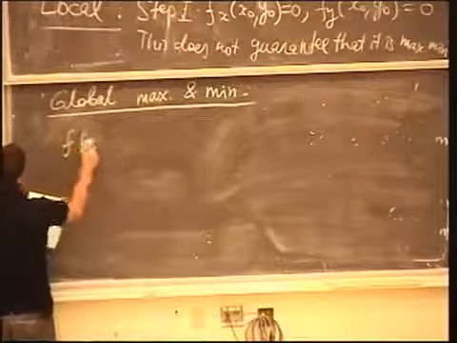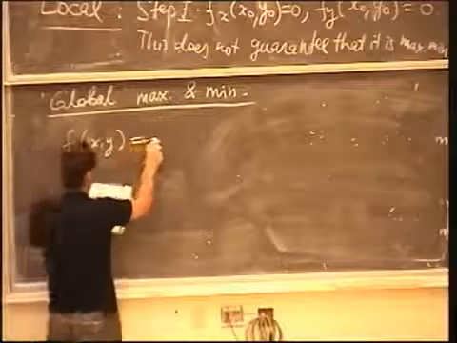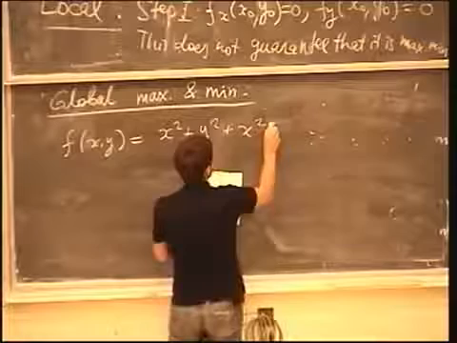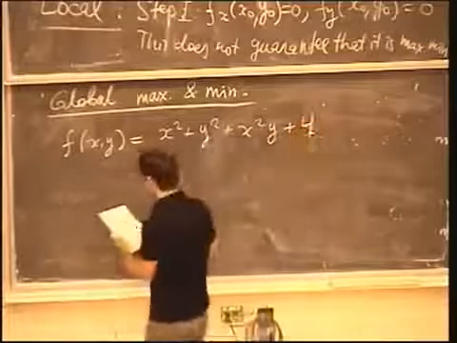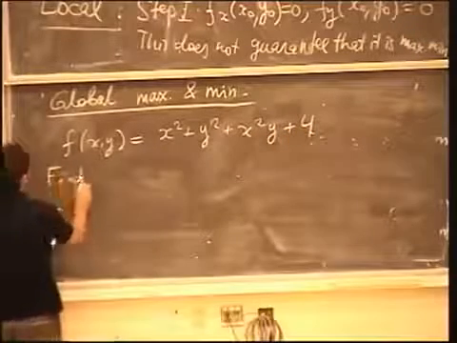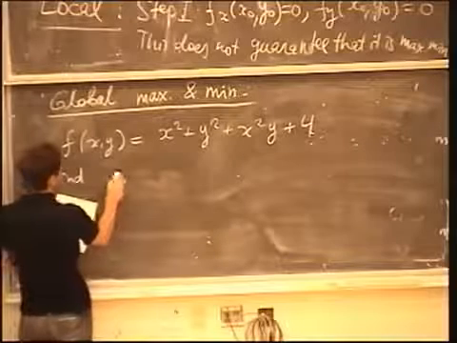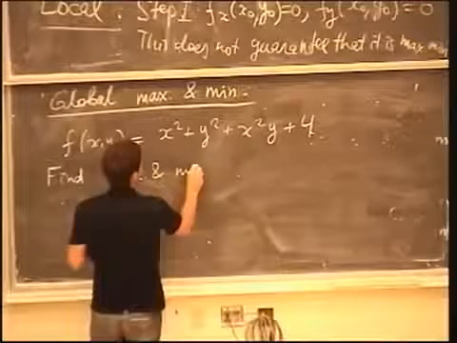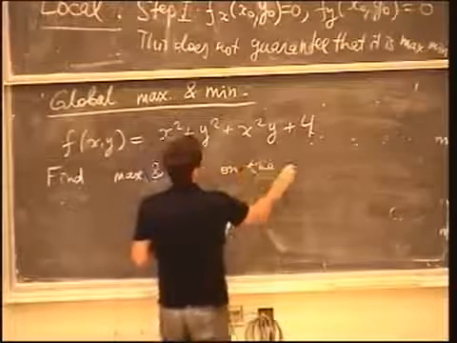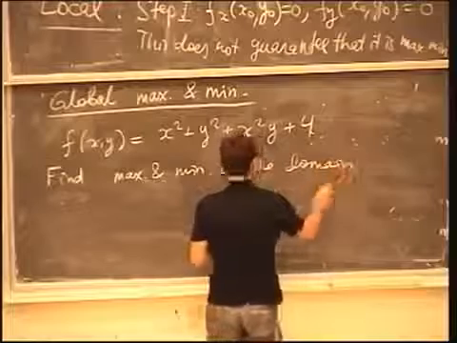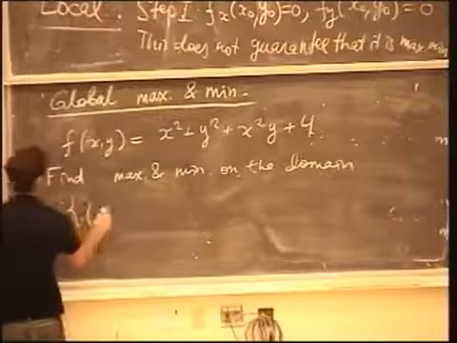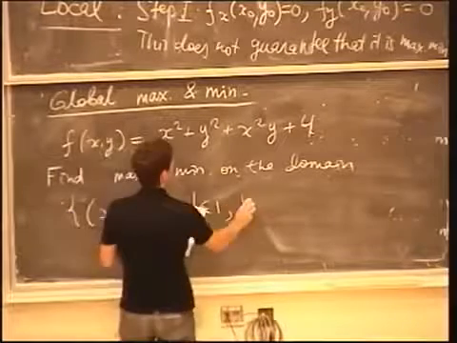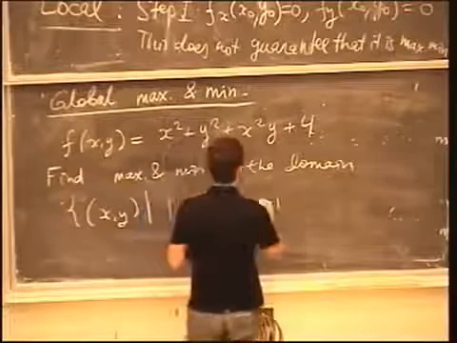So let's say you have a function f of x, y, which is x squared plus y squared plus x squared y plus 4. Find the global or absolute maxima and minima on the domain of (x, y) where the absolute value of x is less than or equal to 1, and the absolute value of y is less than or equal to 1.